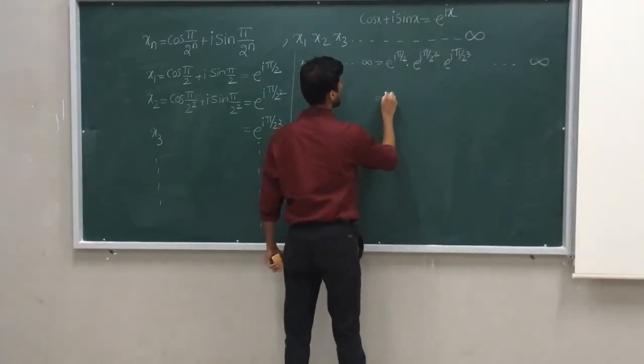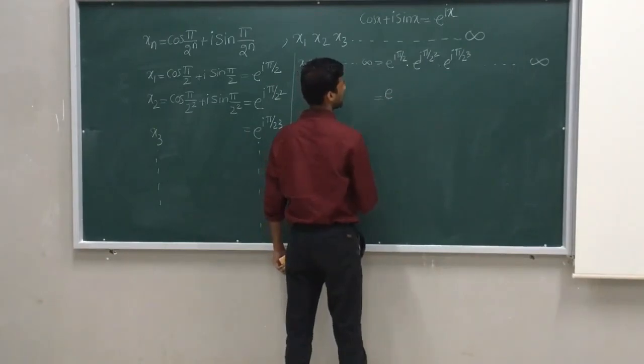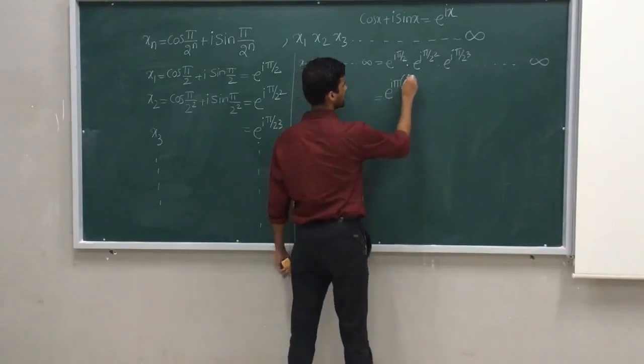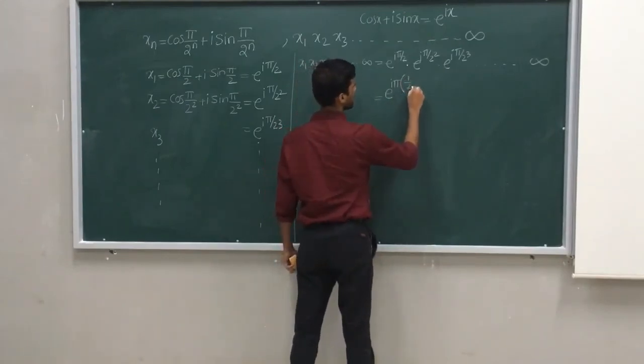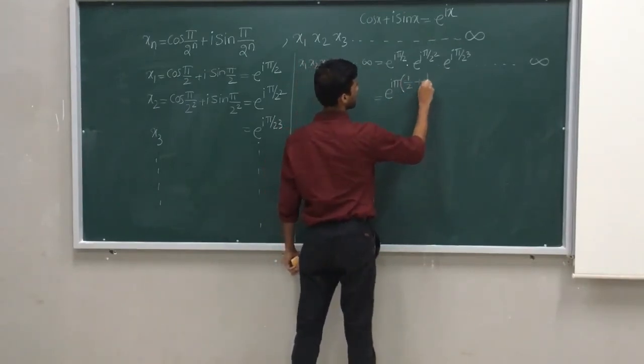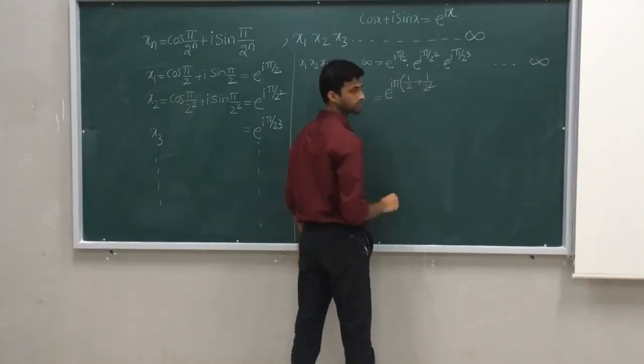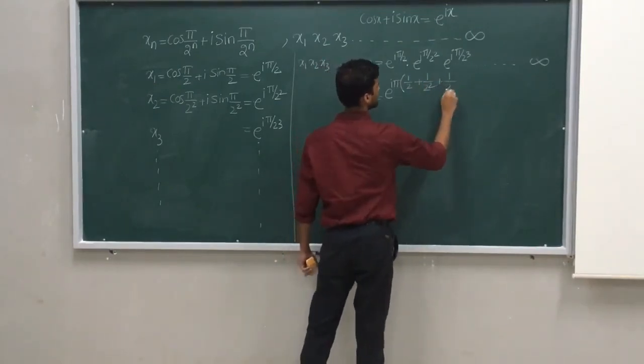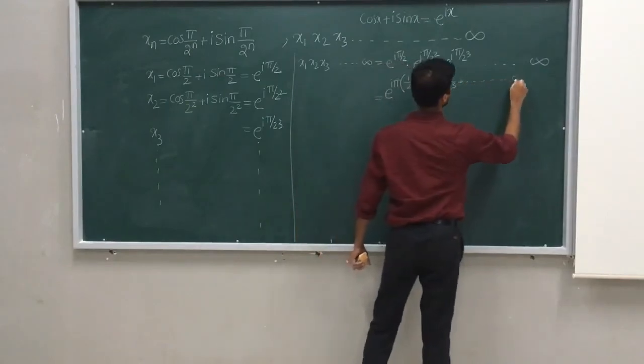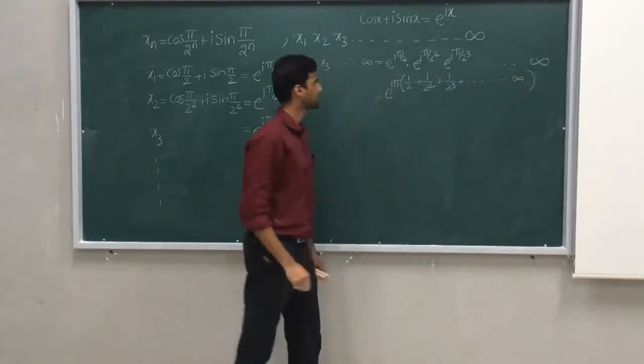Now I can say e power i pi times (1 by 2, plus 1 by 2 square, plus 1 by 2 cube, up to infinity). Why did I write it like this?